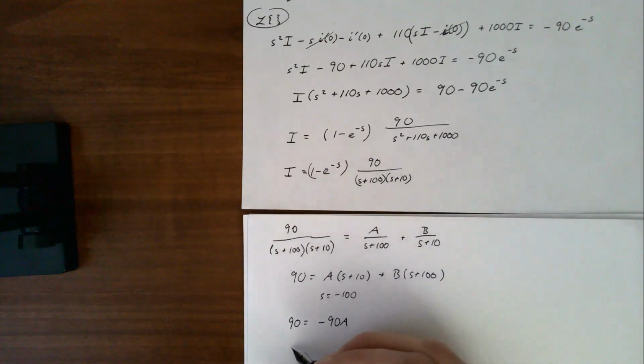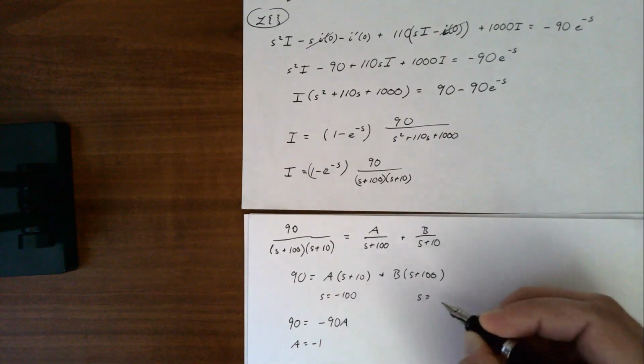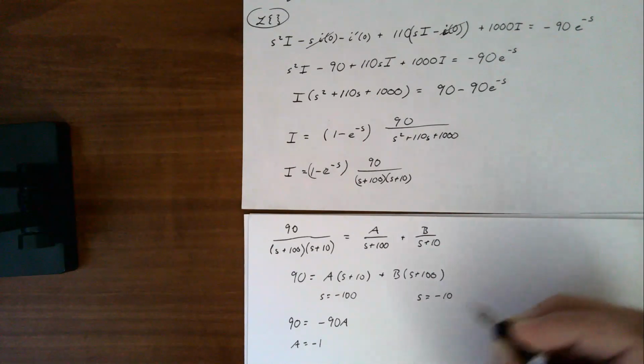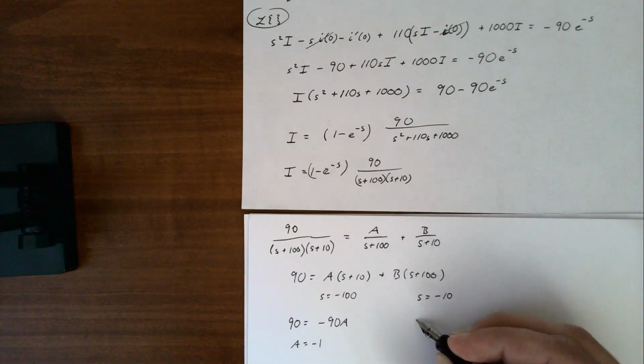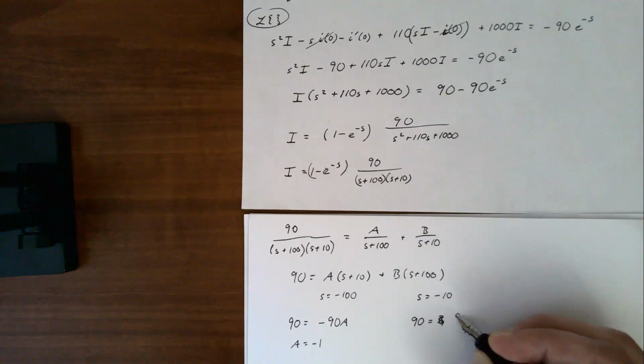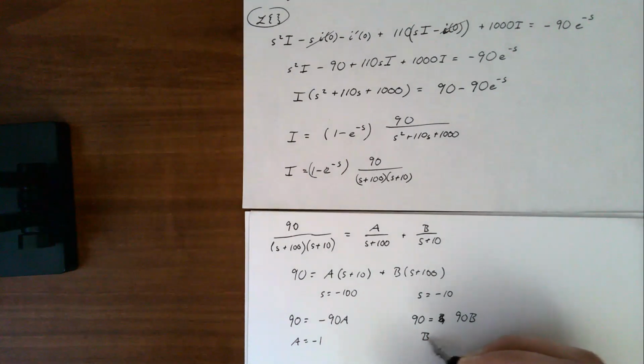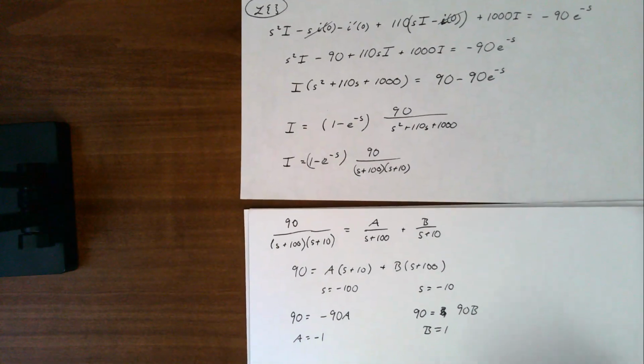That one will disappear, so then A must be negative 1. And by the same token, if we set s equal to negative 10, then we get 90 equals 90B. So B equals 1.